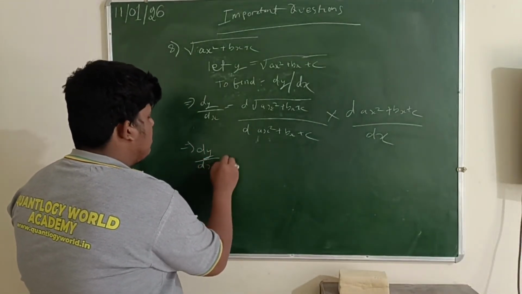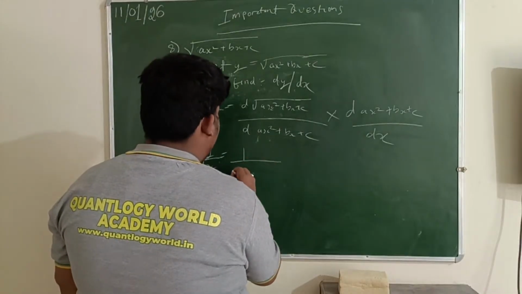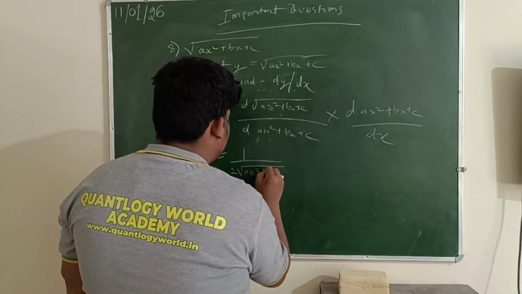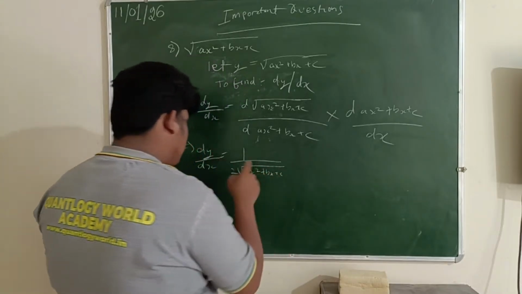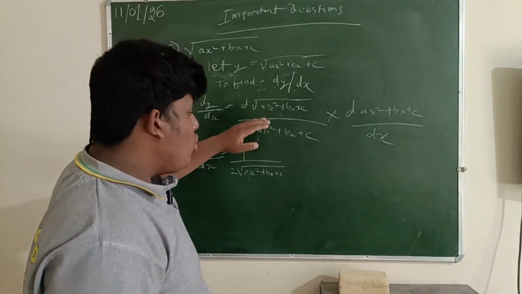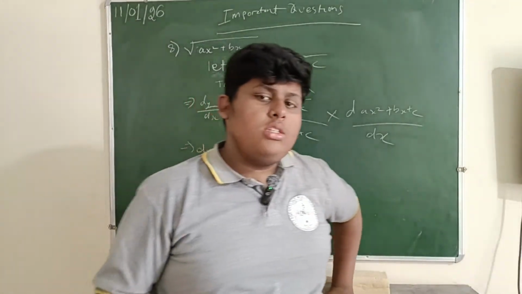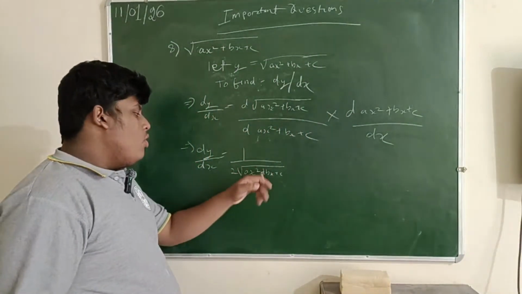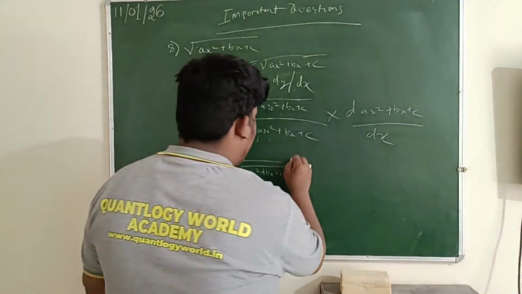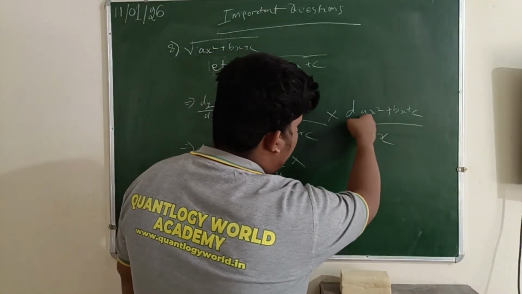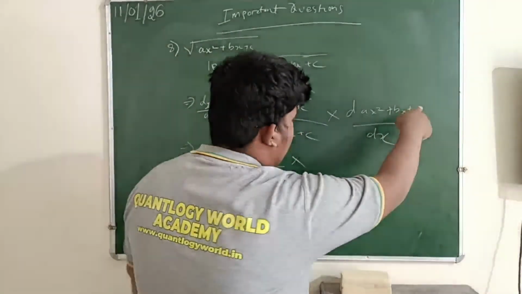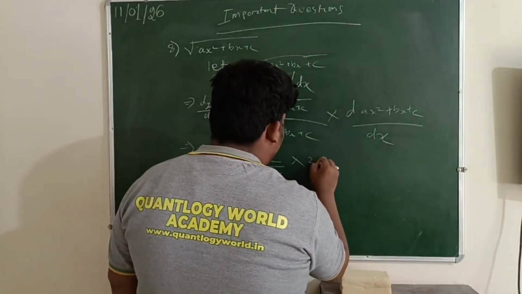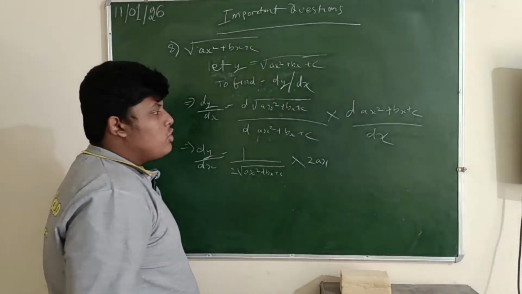dy by dx equals 1 by 2 root of ax square plus bx plus c, as the derivative of root x is 1 by 2 root x, so the derivative of any root part is 1 by 2 root of that expression, into the derivative of ax square plus the derivative of bx, then the derivative of c. Here c is a constant. The derivative of ax square is 2ax, because the derivative of x square is 2x.